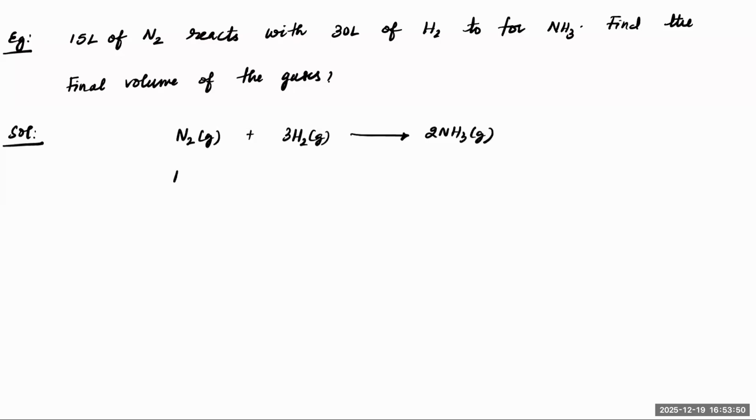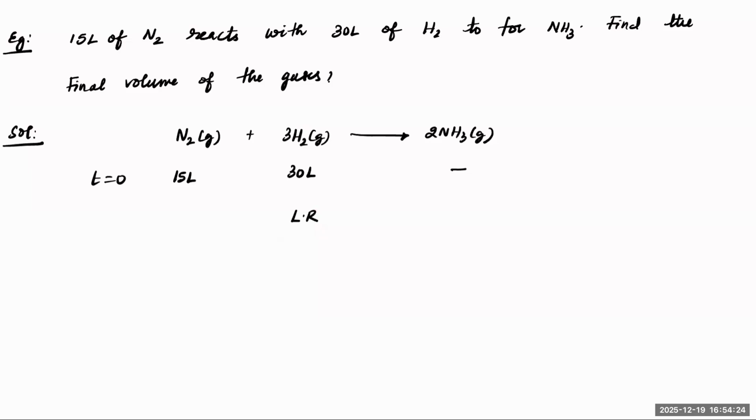Here you see this as 15 liters, 30 liters was initially provided. So now you would notice that for every 1 mole, I would require 3 moles. So 15 moles require 45 moles. How much is left? 30 is only given. So which is limiting reagent here? H2. Correct? Since this is limiting reagent, the product formation will always be calculated on the basis of H2.